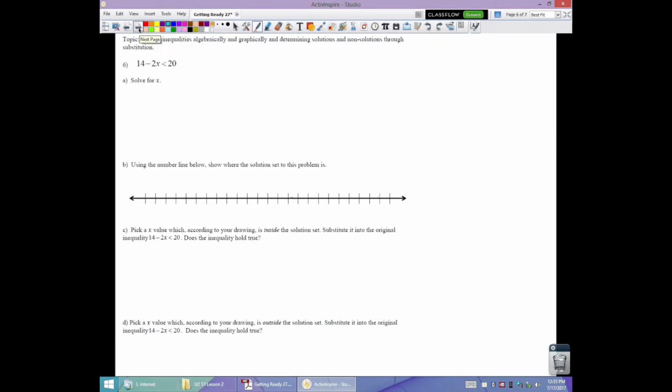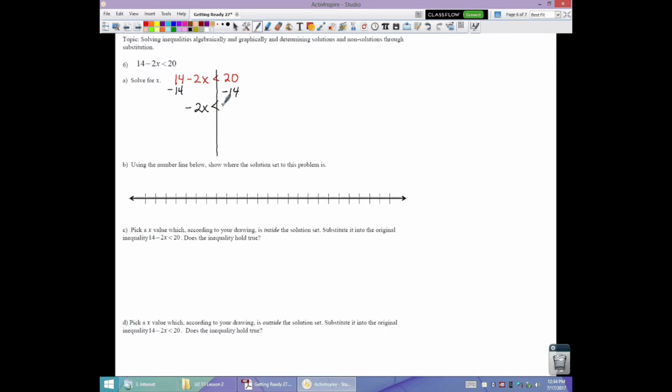All right, at number 6, we're going to work through refreshing our memory how we solved, graphed, and understood solution sets of inequalities with one variable. So A says we are going to solve this inequality: 14 minus 2x is less than 20. We're going to solve for x. So subtract 14 from both sides. I'm left with -2x. You can't lose that negative sign.